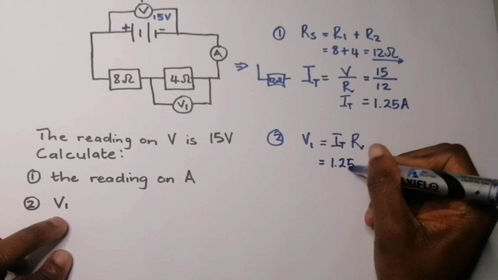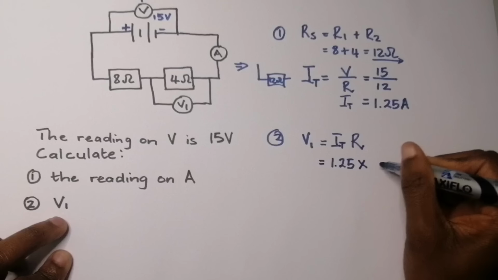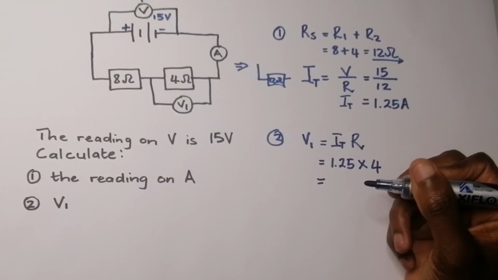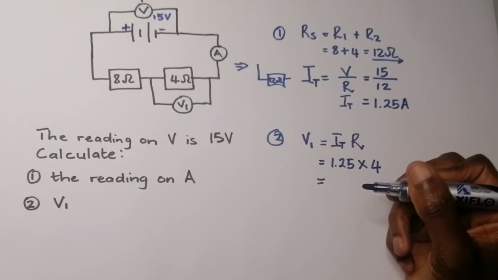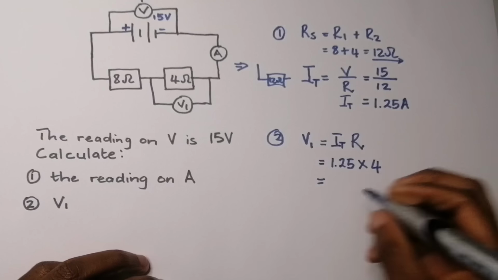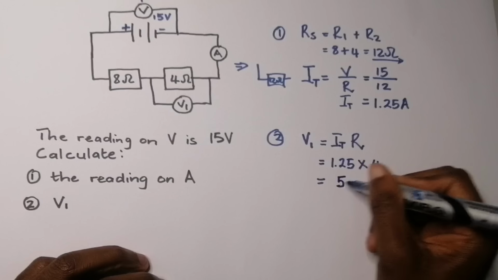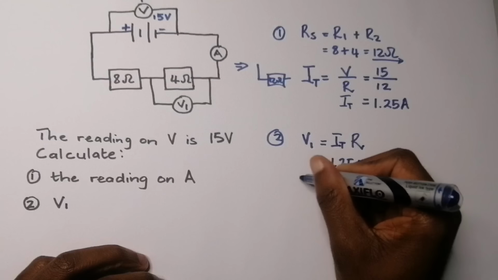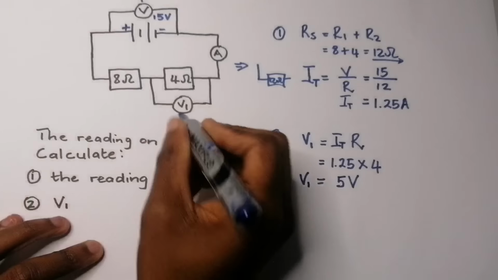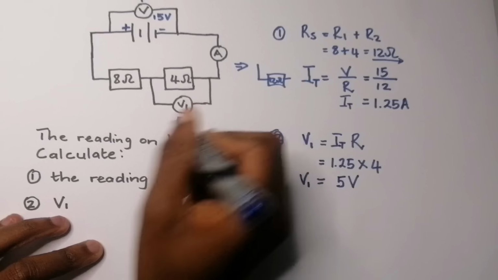That's 1.25 multiplied by 4, right? So in this case, I want you to please note. Let's do that. So we get 5 volts. Okay. So it means that the reading on V1 is 5 volts. We get a reading of 5 volts.